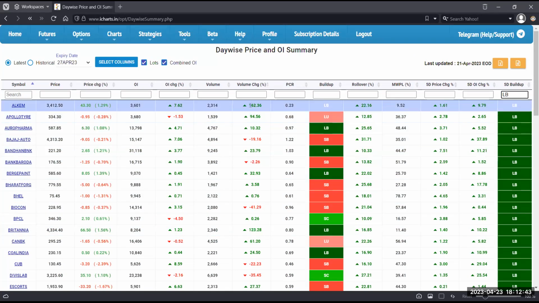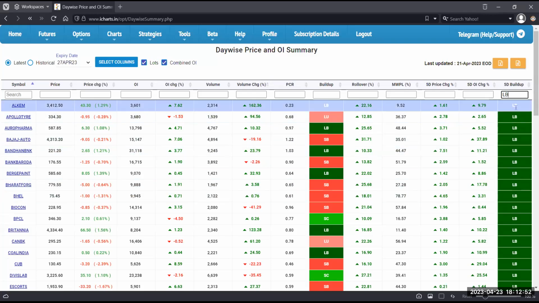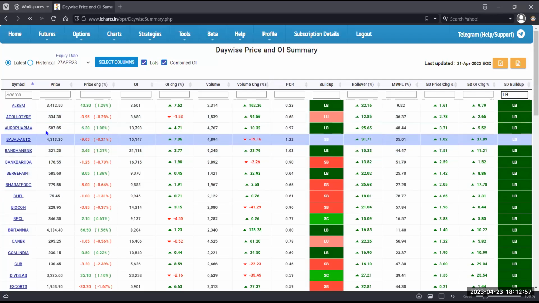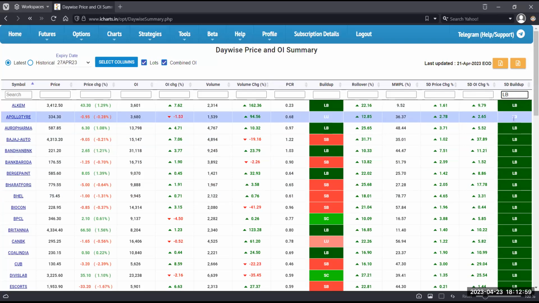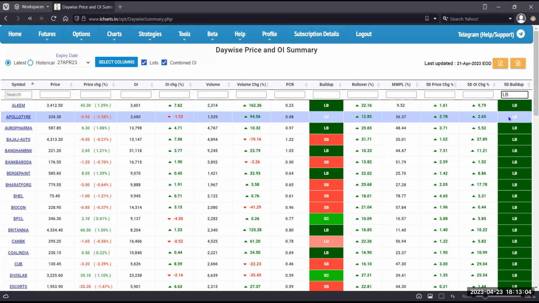But this is the main thing. Based on your view of the market, you can go in that direction. You can filter based on 5-day buildup in that direction, and then drill down and see what is happening. So let us take this. See this 5-day buildup. It says that for the last 5 days, it is in long buildup. Average 5-day price change versus 5-day OI change. So the combined 5-day is bullish, but the current day is long unwinding.